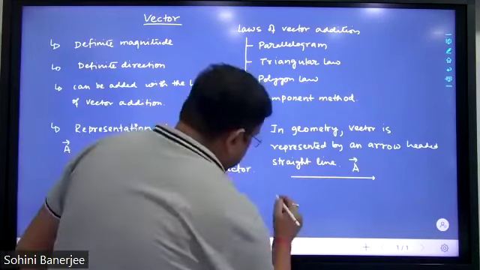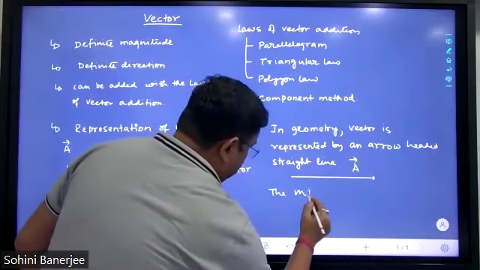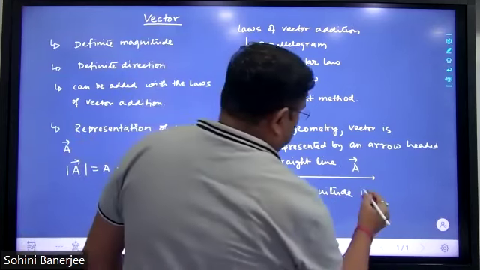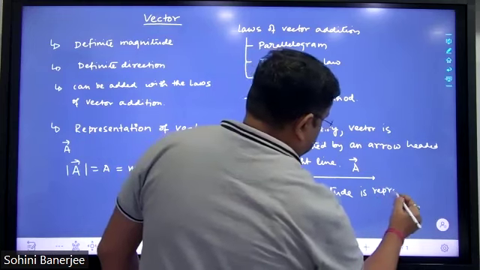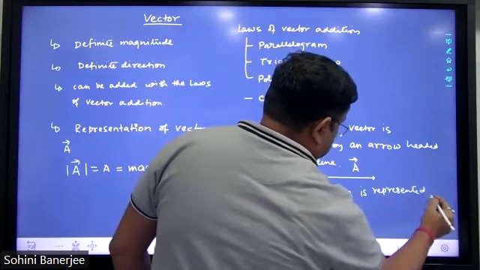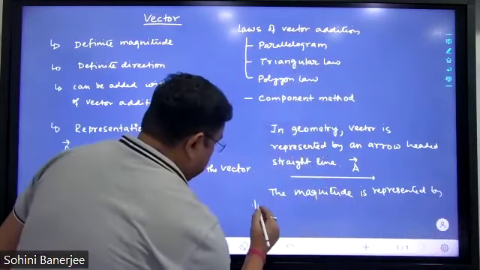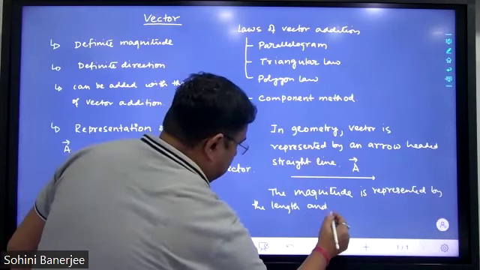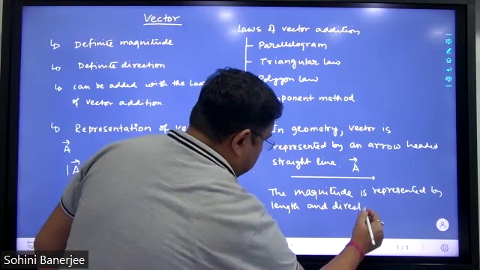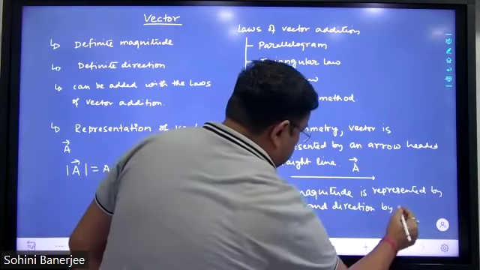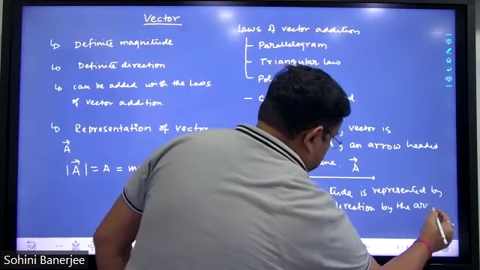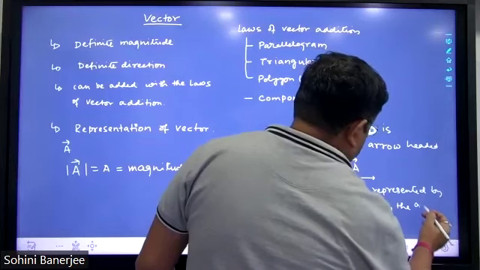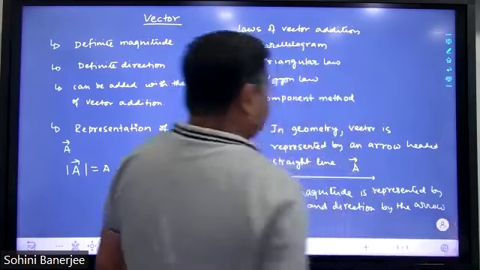So the magnitude is represented by the length and direction by the arrow.